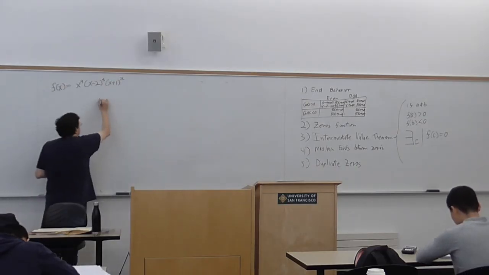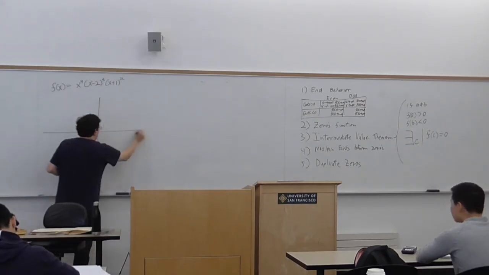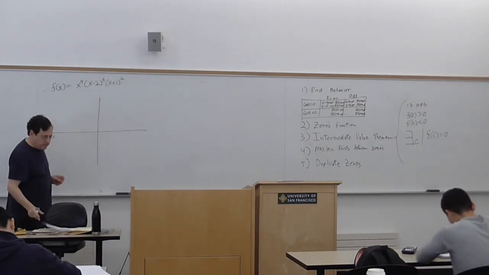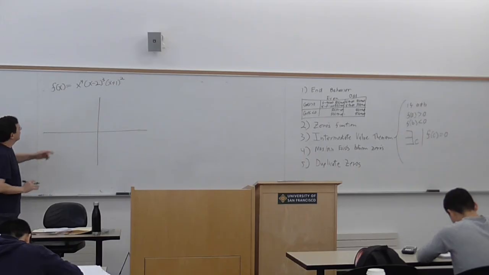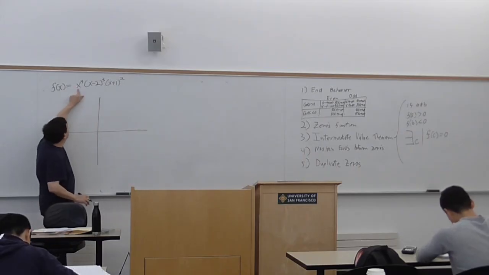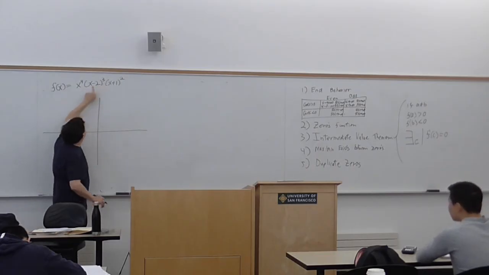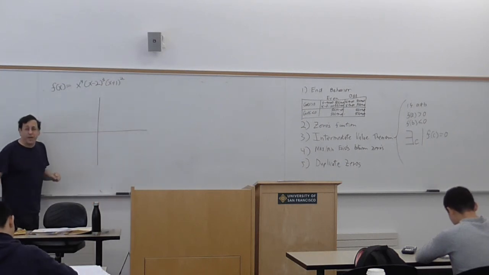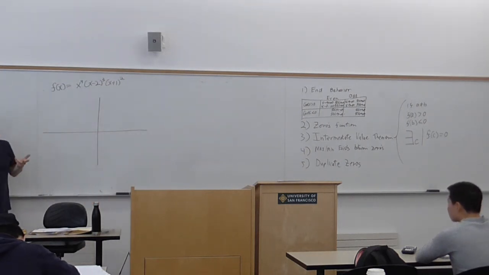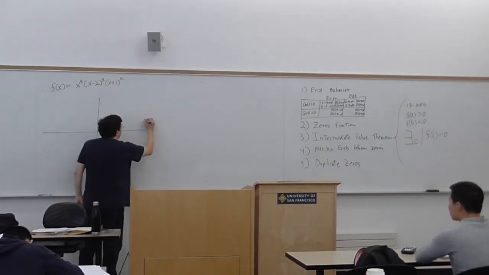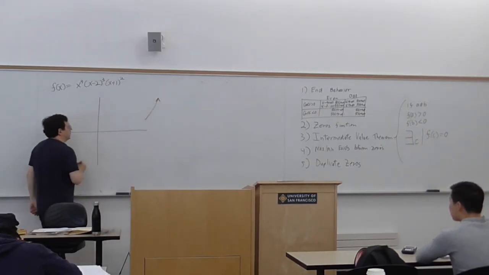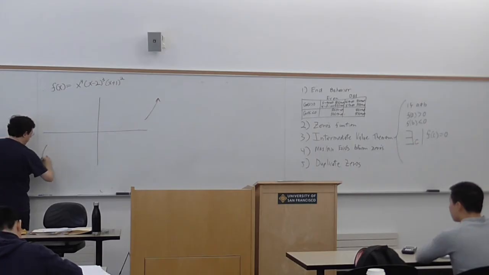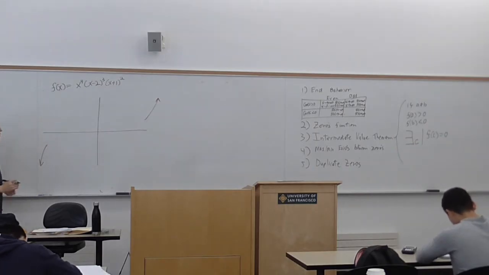Well, before we proceed, let's think about what the end behavior is. We're going to have x to the 4th, positive coefficient, x cubed, positive coefficient, x squared. So 4 plus 3 plus 2 is 9. It's odd with a positive coefficient. So we expect the positive direction will go up, and the negative direction will go down.